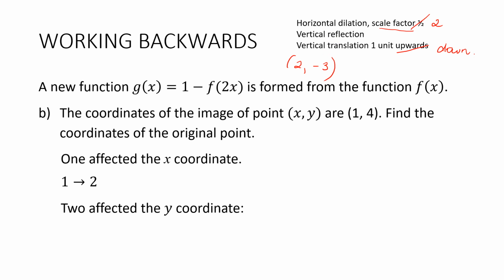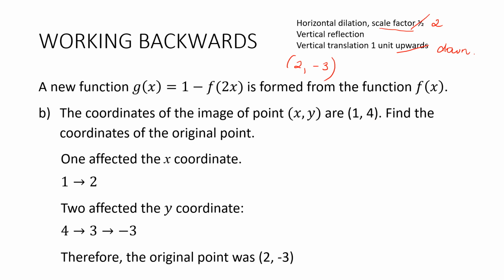Now, when we were going forwards, we had to apply our dilation first and then our translation. Going backwards, we're going to do them in the opposite order. So I'm going to start by taking my y-coordinate and translating it 1 unit downwards. That's going to give me 3. And then I'm going to reflect it over the x-axis. And so the original point was (2, -3).